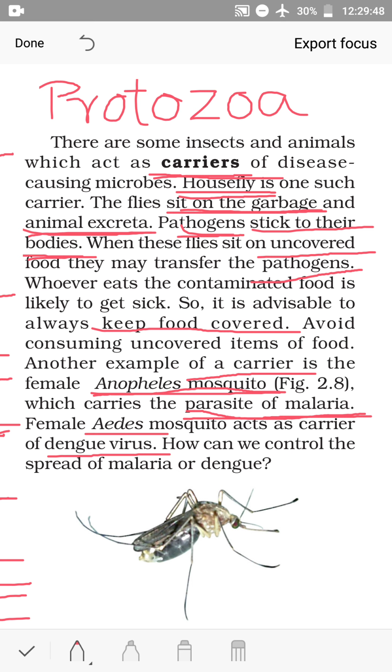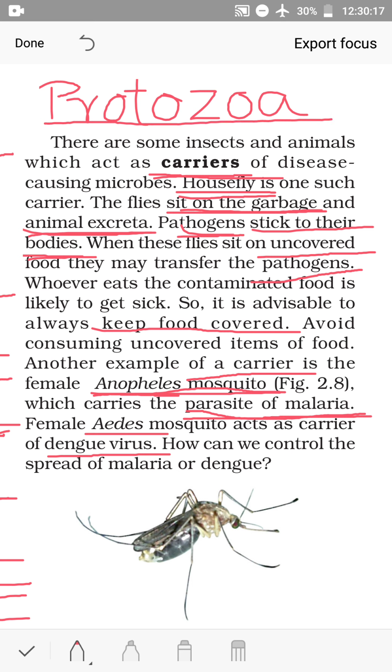Houseflies carry the disease externally on their bodies, whereas the mosquito carries it internally inside its body, and through biting they transmit it. A female Anopheles mosquito carries the parasite of malaria, which is a protozoa.